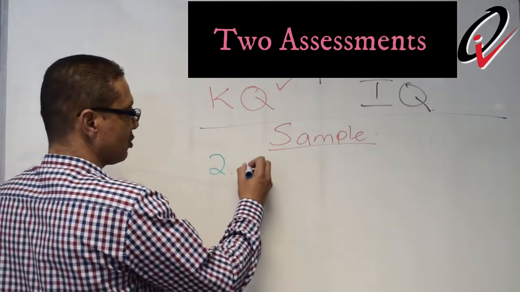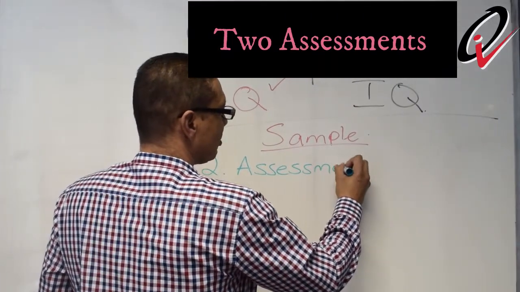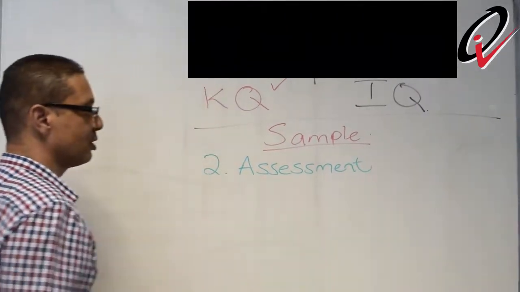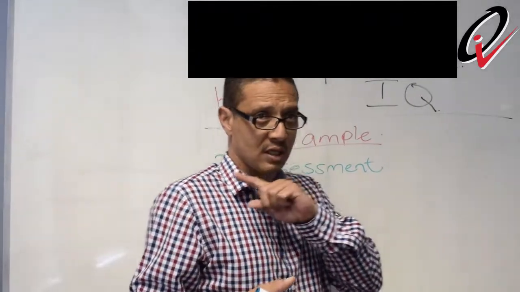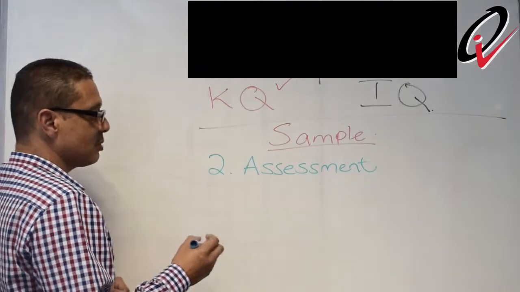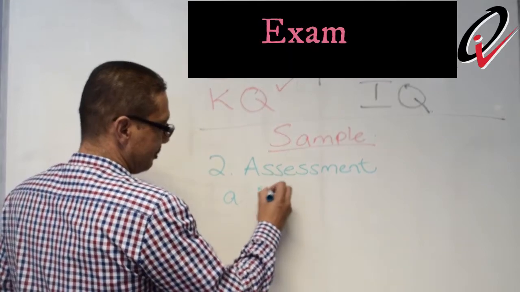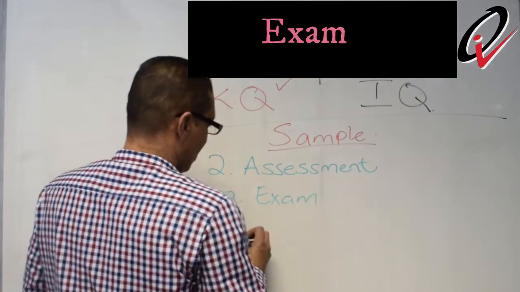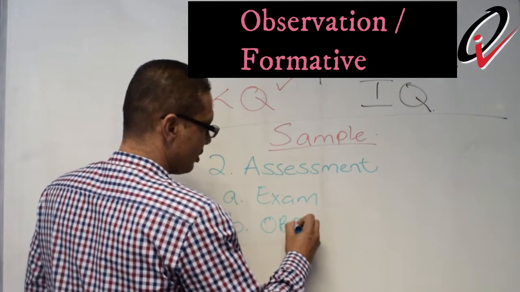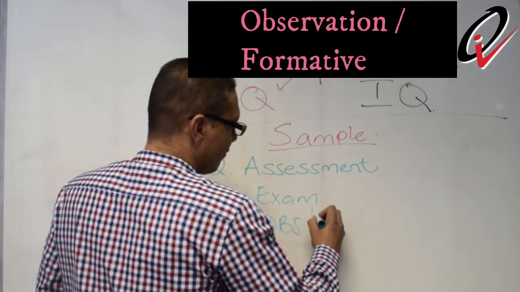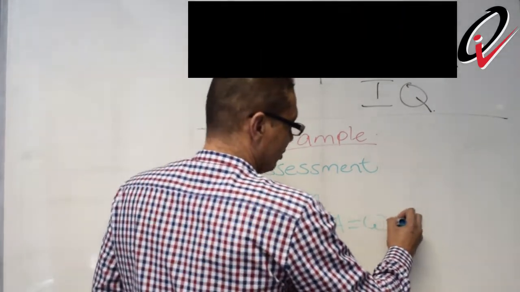As I explained to you guys during our session, you can use anyone that you choose for the assessing of it. The first assessment will be an exam. The second one will be either an observation assessment or a formative assessment, which is equal to a workbook.